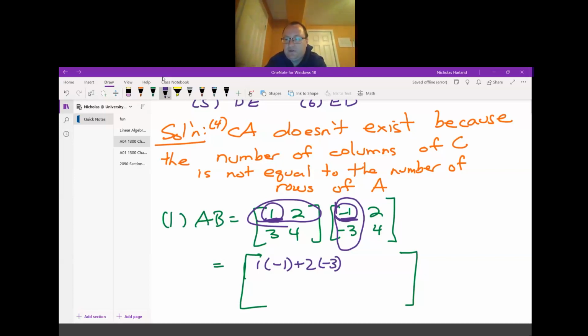And that's how we find our first row, first column entry, is we take the first row of A times the first column of B. And if the number of columns didn't match the number of rows, well, then this just wouldn't be possible. We'd have more things in one than the other. So that's how we multiply matrices, is we take the individual rows and multiply them by the individual columns. Any questions about that idea? Because this would eventually just be -7 anyway.